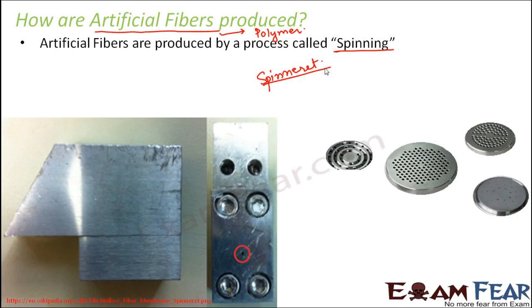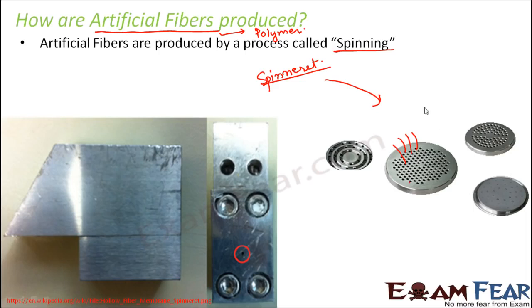Spinnerets exist in a lot of different shapes. Here you see these are all spinnerets. They are disc-like structures and they have so many holes. The polymers come out of these holes. They are not completely liquid, but very viscous, like a very thick liquid. That's how the polymers come out of these spinnerets.